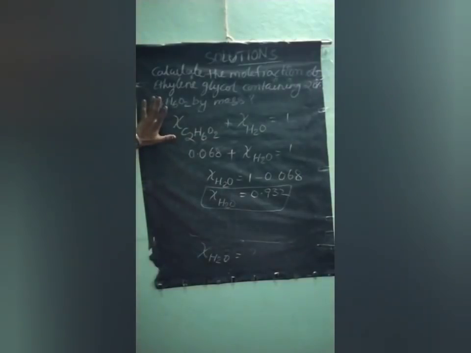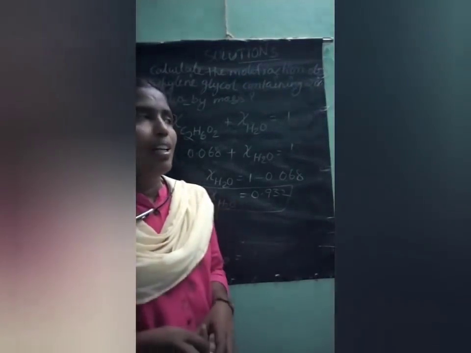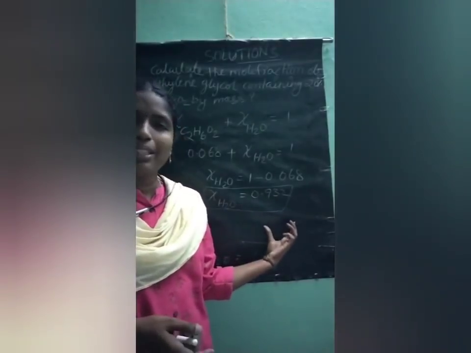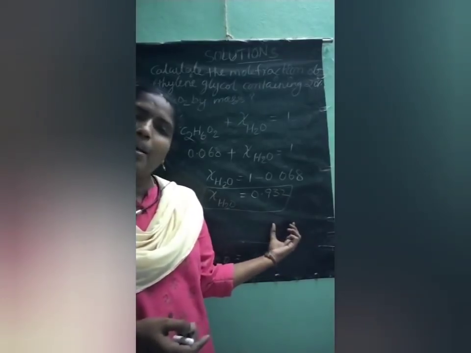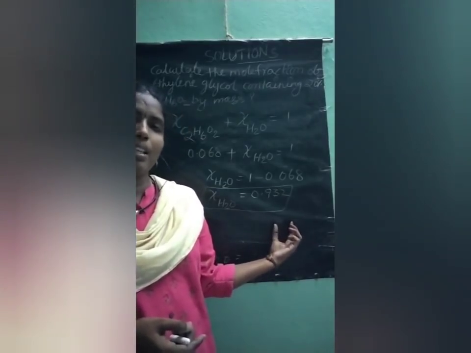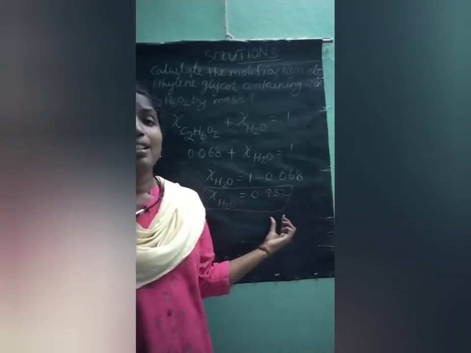So this is the total problem present in the solutions. Okay, write down. So the total mole fraction topic will be completed. Up to this mole fraction we have syllabus. Another topic is there. It is not present in your second year, but we already discussed it in first year.